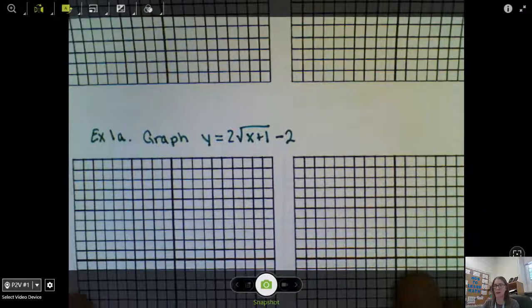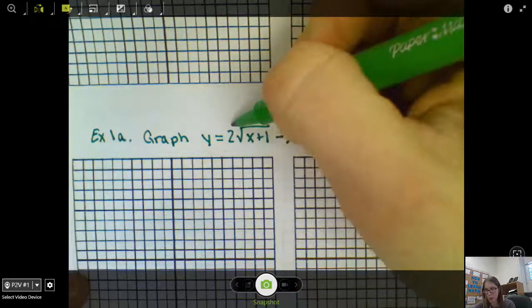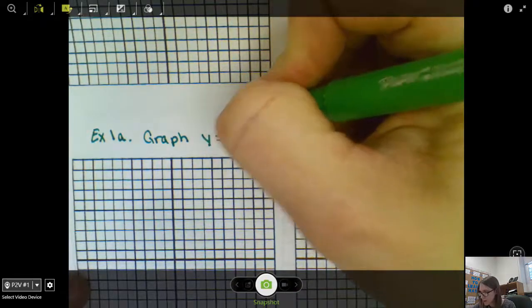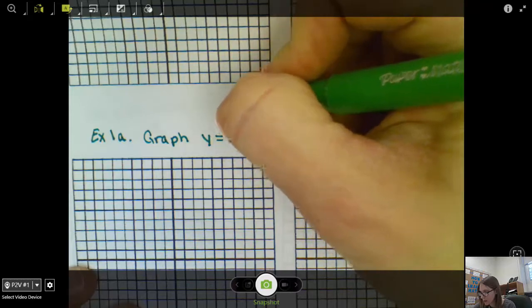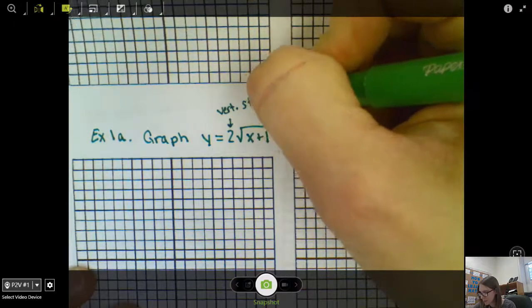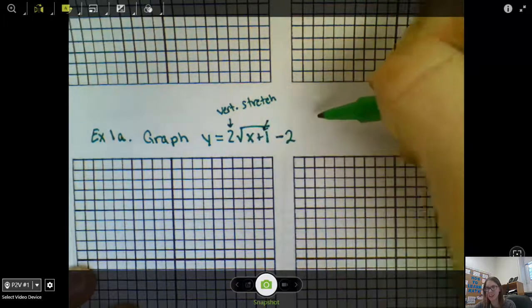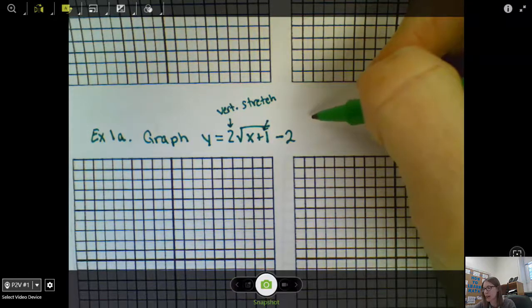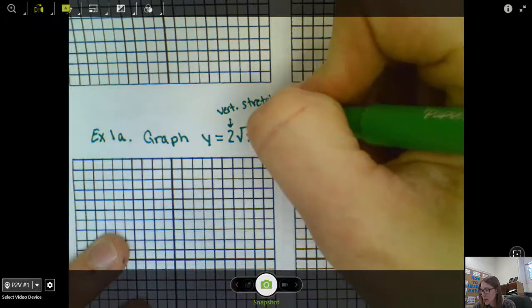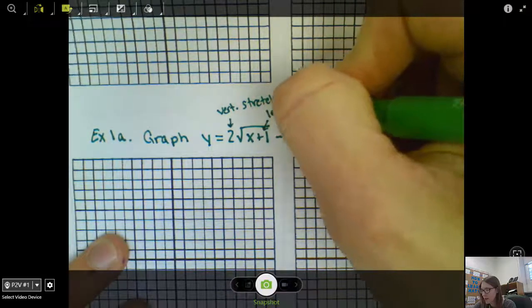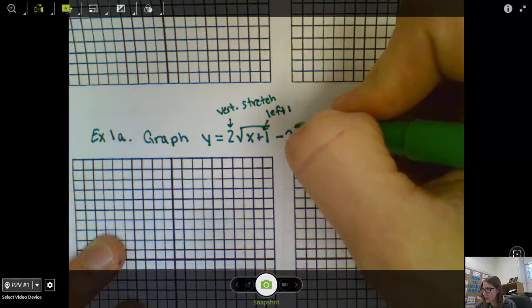And the biggest thing here is remembering what your transformations do. This 2 is my vertical stretch. This plus 1 on the inside, remember, everything inside is horizontal and it does the opposite of what we think. So this is going to go left 1. This minus 2 goes down 2.